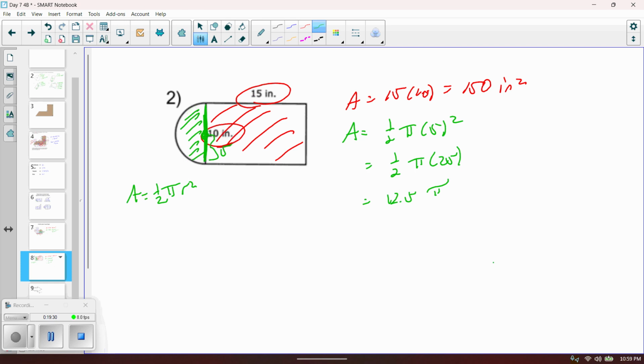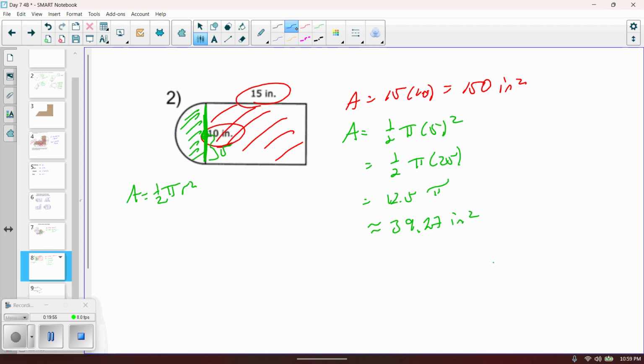And then again, if we're going to give a decimal approximation to this, which we can certainly do, just use the calculator and do 12.5 times the pi button, and that gives us approximately 39.27 inches squared.